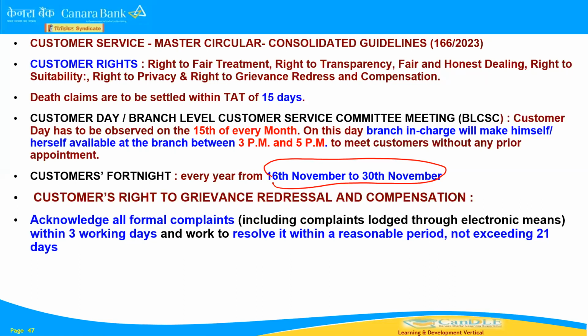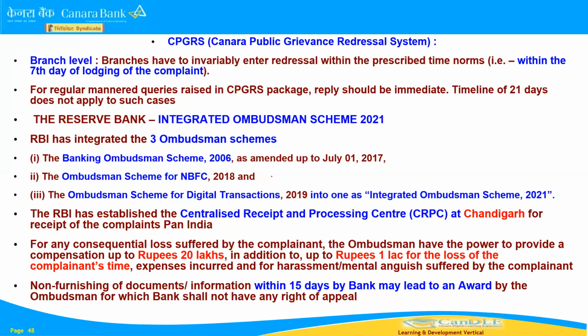If a customer makes any type of complaint by electronic means, within 3 days we have to acknowledge it, and we have to resolve it, not exceeding 21 days. This is the guideline. Now comes CPGRS, the Canara Public Grievance Redressal System, an online platform. Any customer who has a grievance can complain against any branch or any staff under the CPGRS scheme.